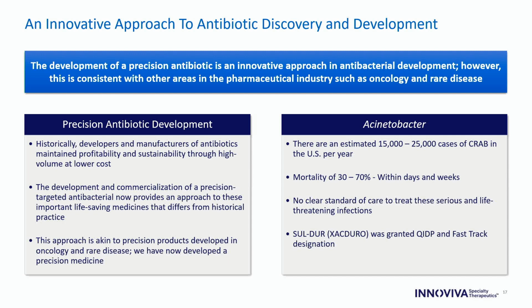The mortality rate of patients that are infected with Acinetobacter is 30 to 70%. And it's important to note that this is not mortality over months and years. This is mortality over days and weeks. There's no clear standard of care. So how do we establish in the antibiotic space a pricing structure that makes this business viable?